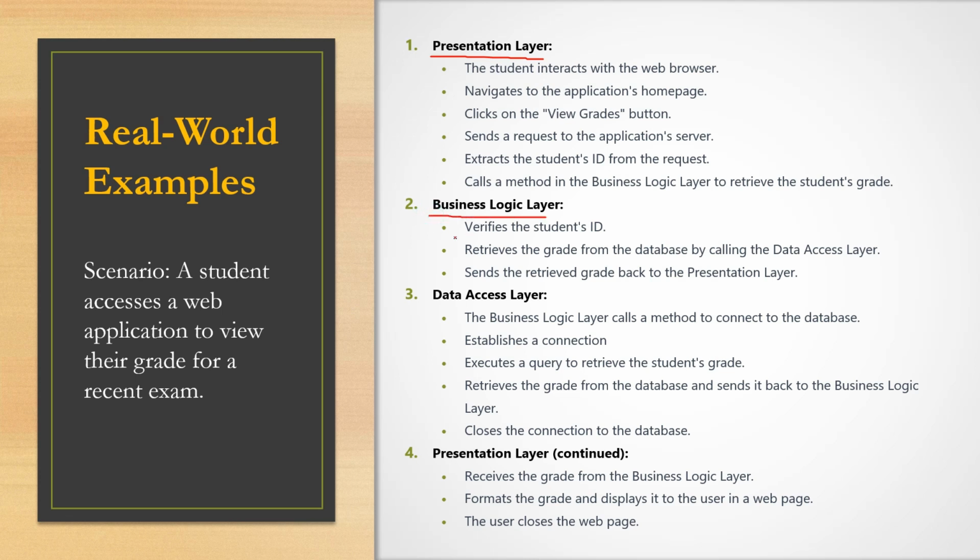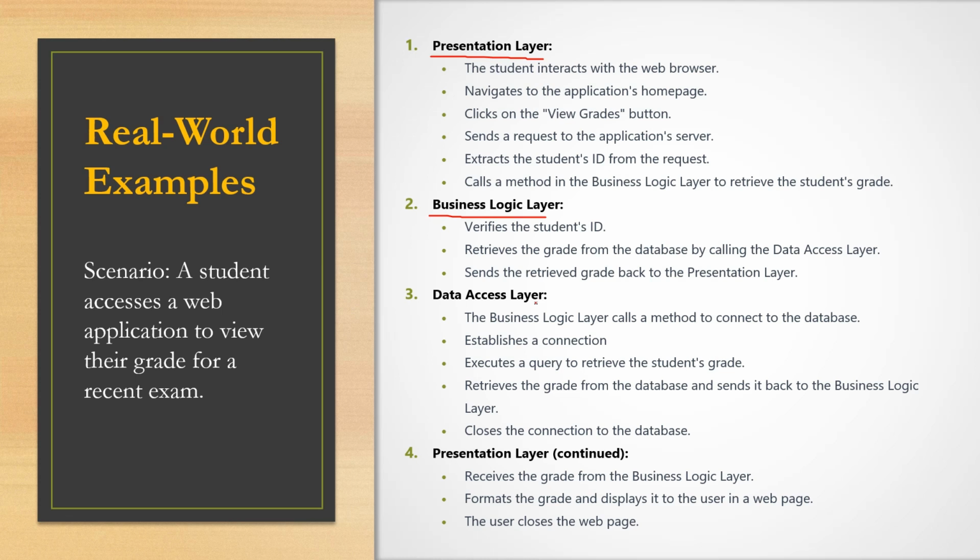Now you already verified your ID in the business layer, and then you send the request to the data access layer. This request, for example, view your exam result or view your courses, will be sent to the data access layer. So what does the data access layer do?